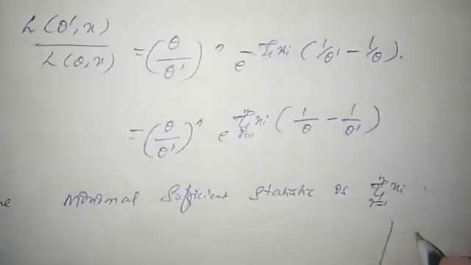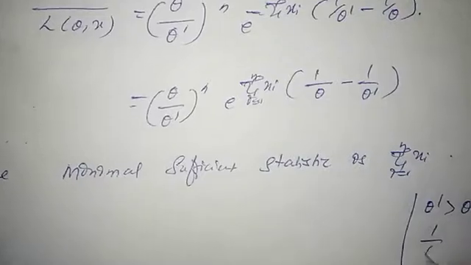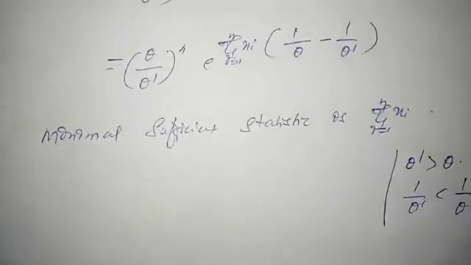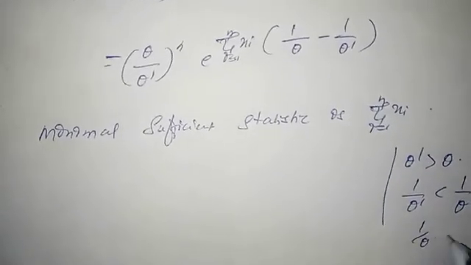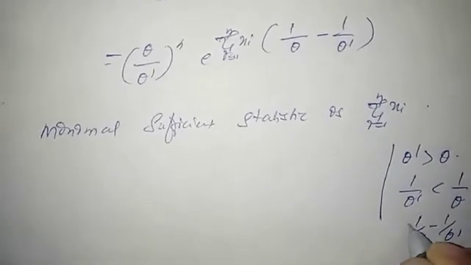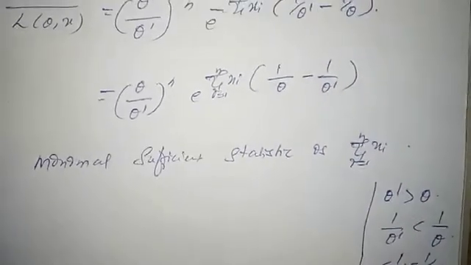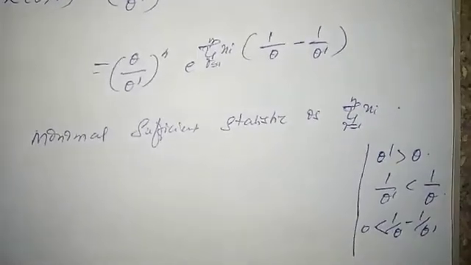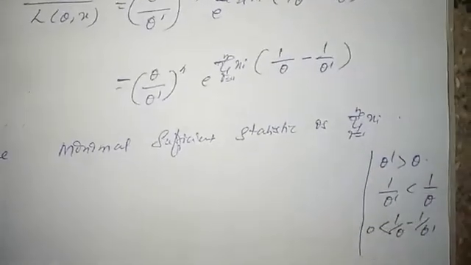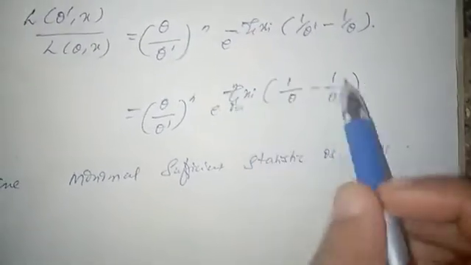Here theta dash is greater than theta, so 1 by theta dash is less than 1 by theta. Then 1 by theta minus 1 by theta dash is greater than 0. So here it is e power plus, so it is an increasing function.